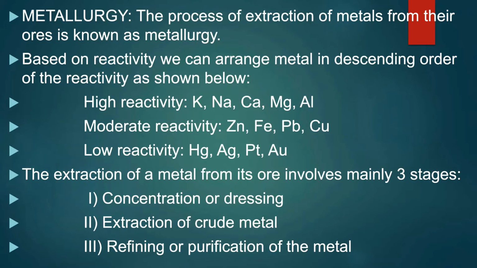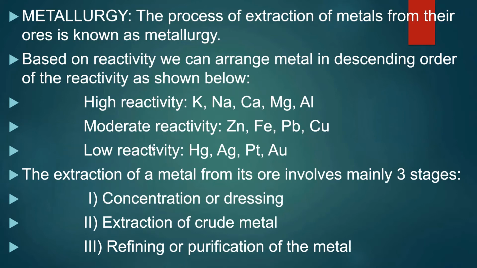Based on reactivity, we can arrange metals in descending order of reactivity as shown below. The highly reactive metals are potassium, sodium, calcium, magnesium and aluminium. The moderately reactive metals are zinc, iron, lead, and copper.